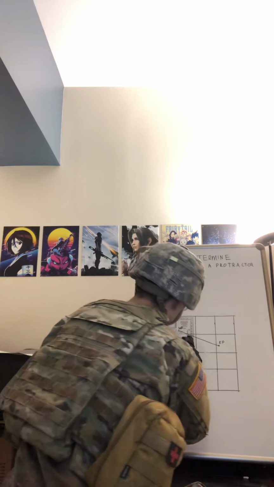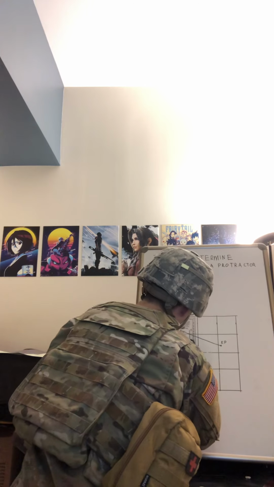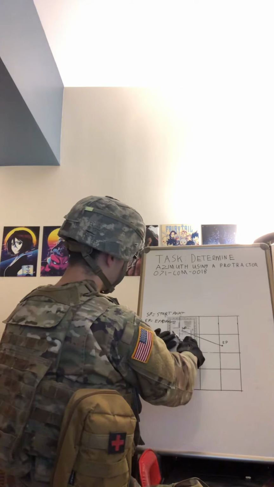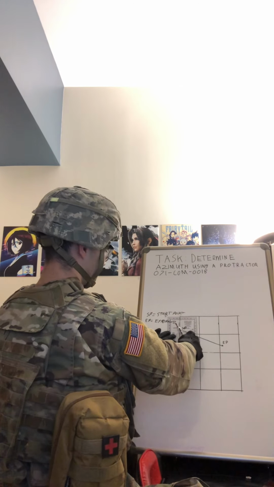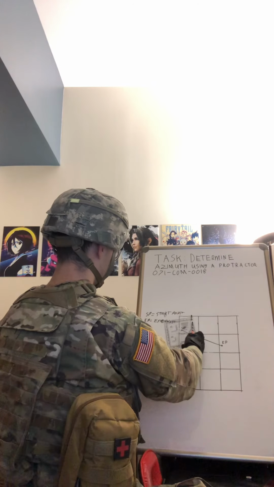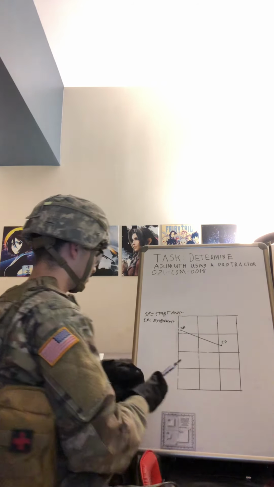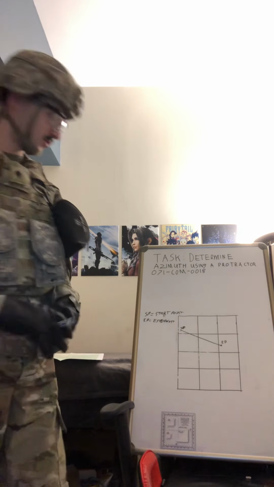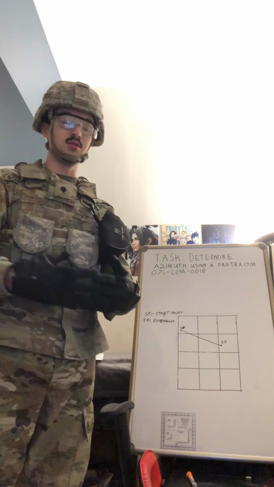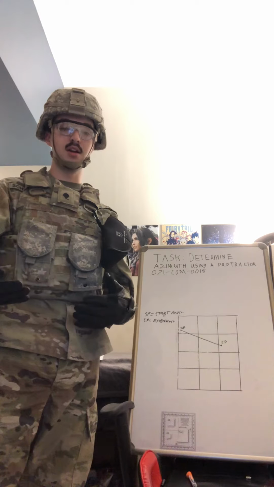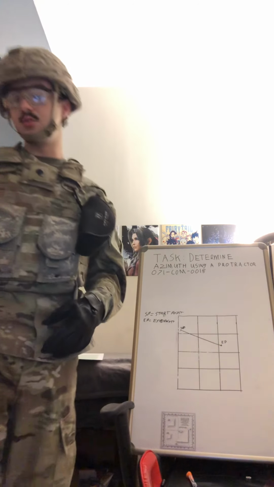This angle passes a little bit before 110, so it'll be like 109, 110. That's how you properly verify your measure of angle. So from here, we will take about 5-10 minutes to give you time to train on all of these tasks and ask any questions that you might have.